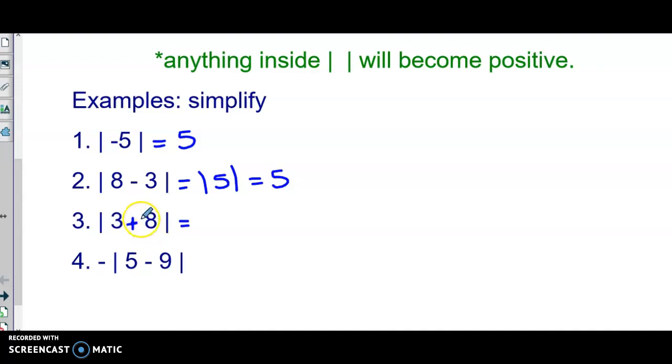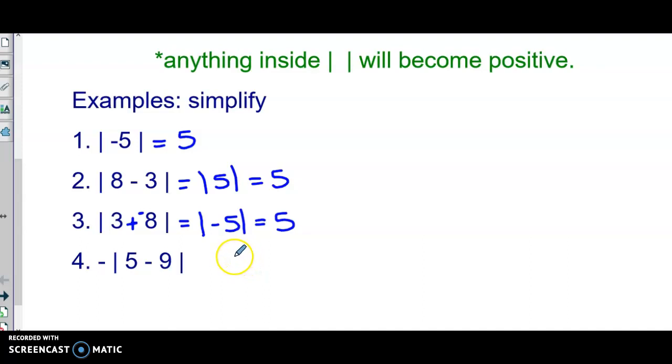And then this +8 changes to a -8. So we're left with 3 plus -8, which is -5. So our absolute value of -5, again, it's +5 because it's 5 units away from 0.